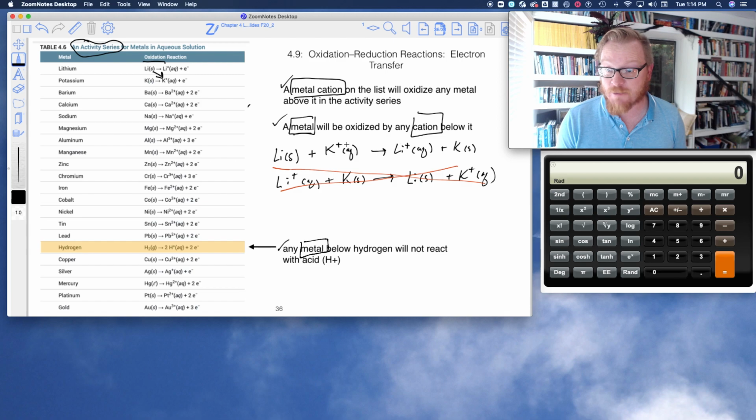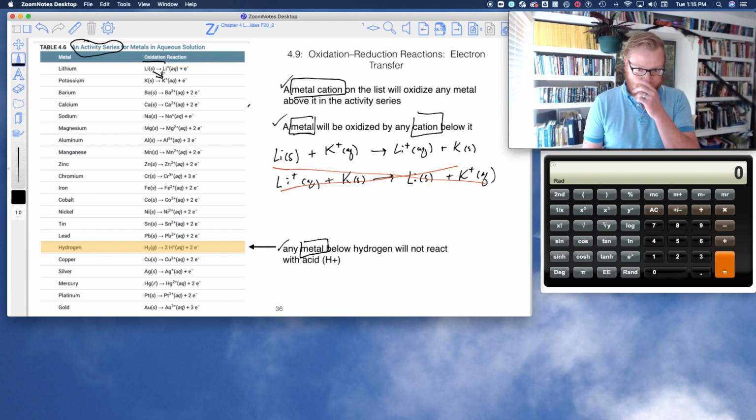So it's the same thing we set up here. Any metal below will not react with H+. It's just like saying the K solid cannot react with the Li+.